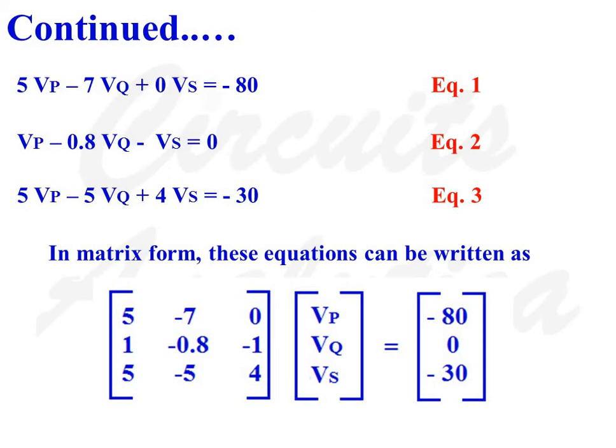In matrix form, these equations can be written as matrix of 5 minus 7 0, 1 minus 0.8 minus 1, 5 minus 5 4, into matrix of Vp Vq Vs is equal to matrix of minus 80, 0, minus 30.